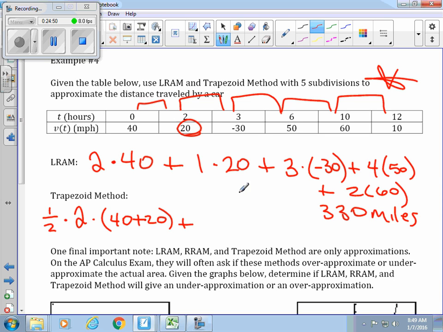I'll write that down in a minute, but let me switch colors so we can tell which one I'm on. And 1/2 times 1 times 20 plus negative 30, or 20 minus 30. So this time I'm using both endpoints. Just adding up the areas of a bunch of trapezoids.